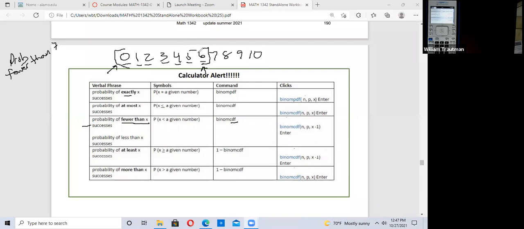Okay, so we're going to do that on our calculator. Menu, 5, 5. B, binomial CDF, 10 trials. Probability of a success on a true or false test is 50%, 0.50. And 0 is going to be there. That's the lowest number.